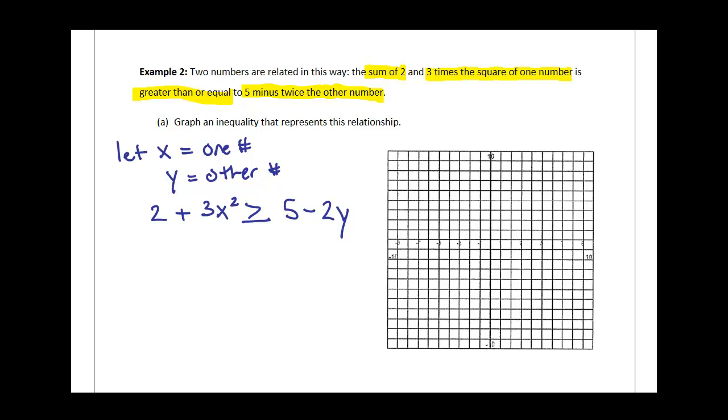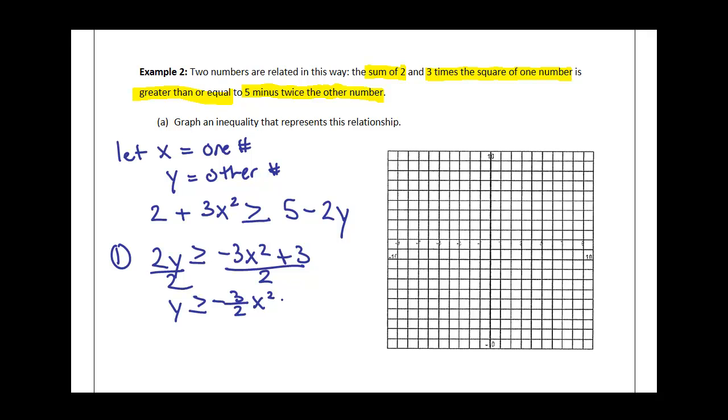So in order to graph it, we need to put it back into our standard form. So let's do that. Rewriting here, we're going to get 2y on this side greater or equal to negative 3x squared plus 3. Now solving for y, everything divides by 2, and we get y is greater or equal to negative 3/2 x squared plus 3/2.